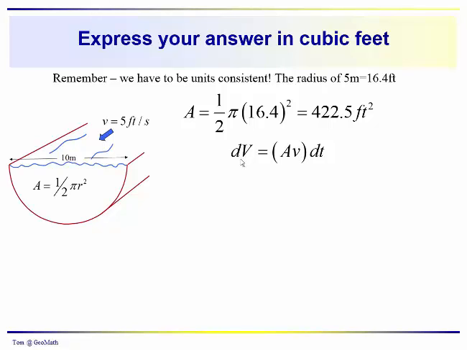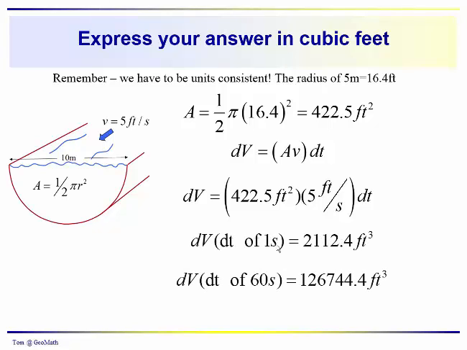The change in the volume, dV, in a certain time dt is just going to be the cross-sectional area times the velocity times the time. And so we have our cross-sectional area. We've got the velocity here. Oops, left out a parenthesis. 422.5 square feet times 5 feet per second in a certain interval of time.